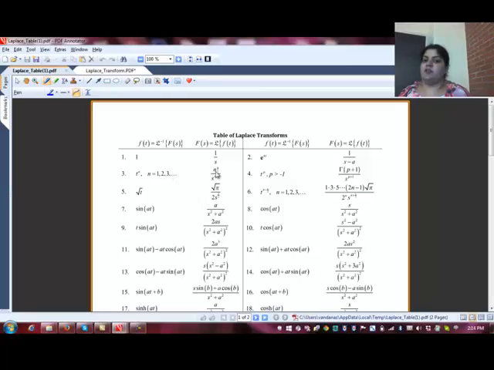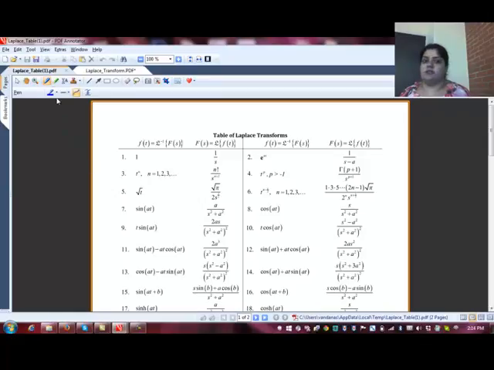If n is 1, it is 1 over s to the power 1 plus 1, which is 2, so 1 over s squared, right? So 1 over s squared will be the Laplace transform of x or t, whichever the function is, f of t. But the Laplace transform remains in s. The only thing is, the independent variable in the function can be x or t.